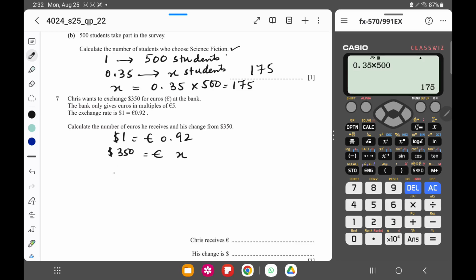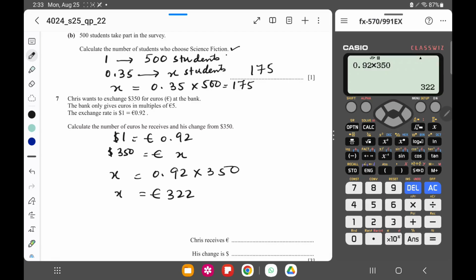Simply cross multiply. The number of euros received is equal to 0.92 times 350. So that is 0.92 multiplied by 350, which equals 322 euros.